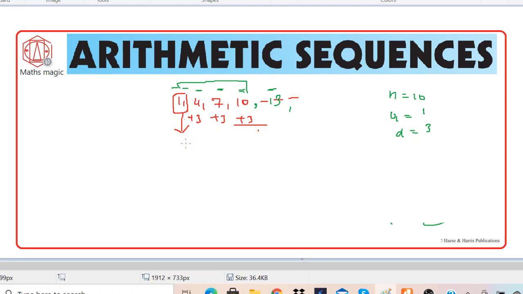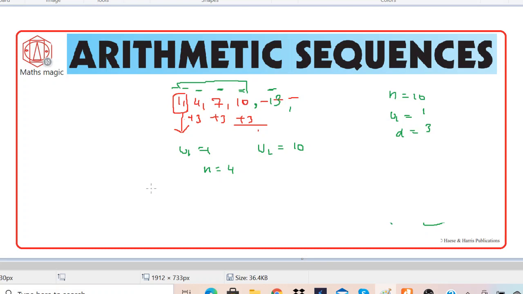So we already know that the first term u1 is 1 and the last term UL or Un is 10, and you know that we have 4 terms in between.